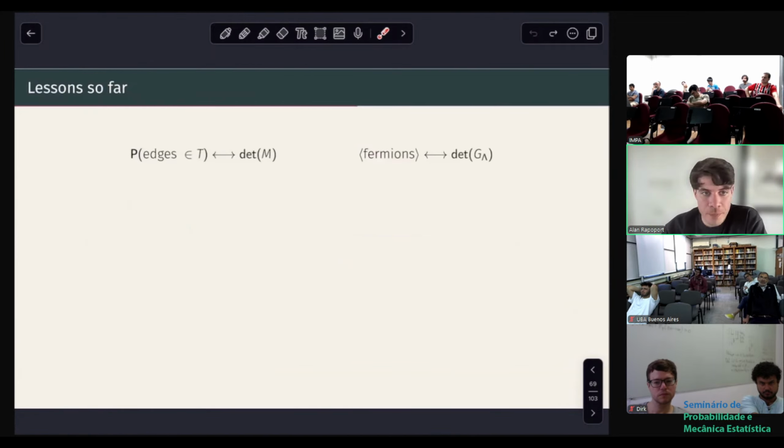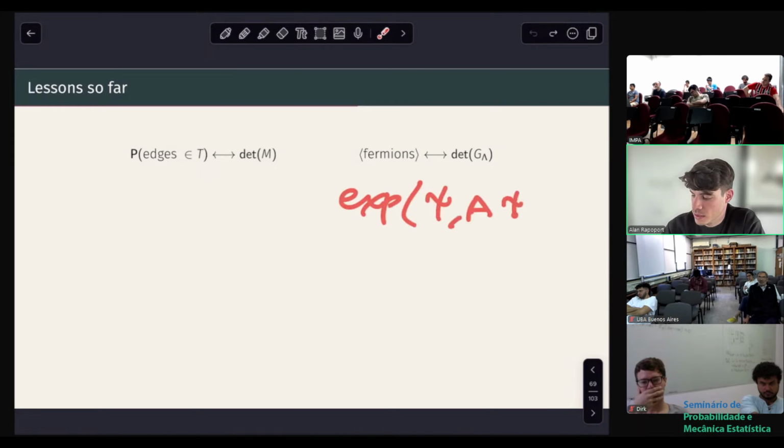So, lesson so far. We just saw that the probability of having some edges in the UST is given by some determinant of M. But we also saw before in Wick's theorem, a couple of slides ago, that if you want to calculate the mean value of some function f of fermions, it is also related to some determinant of A, which was in the exponent.